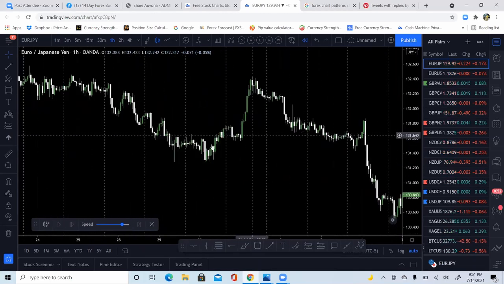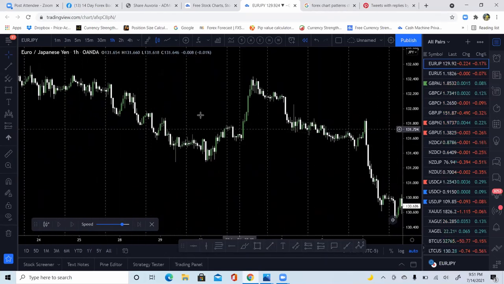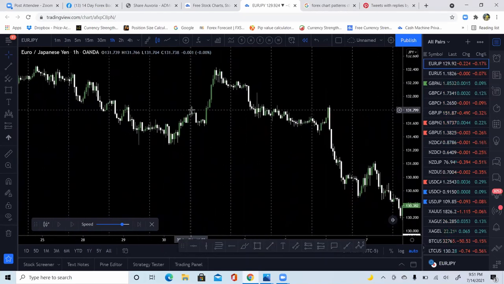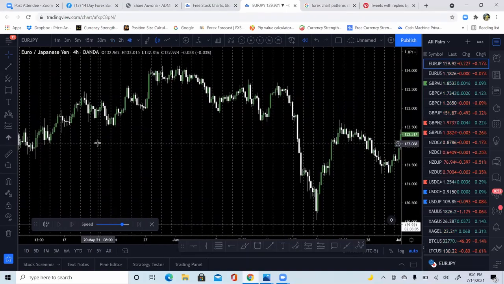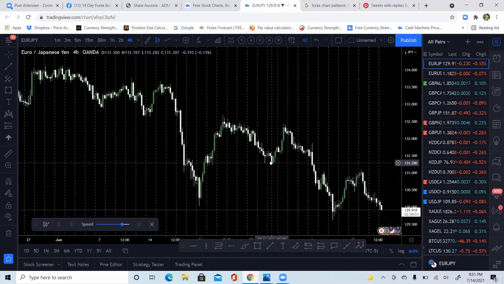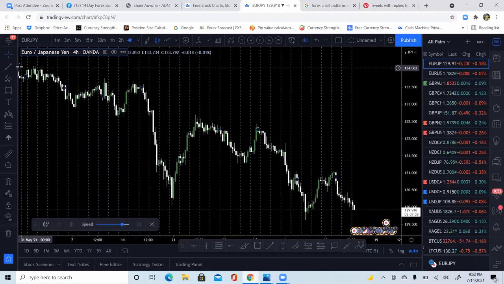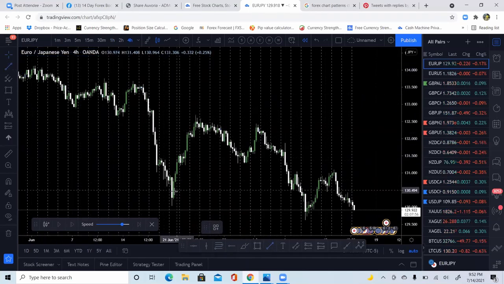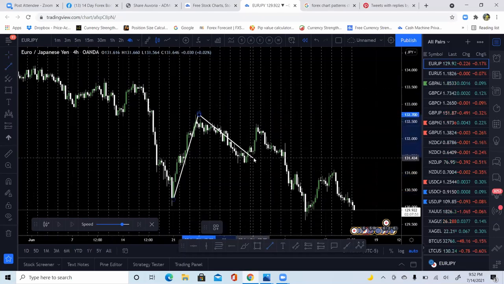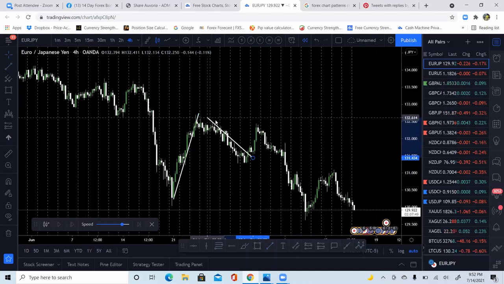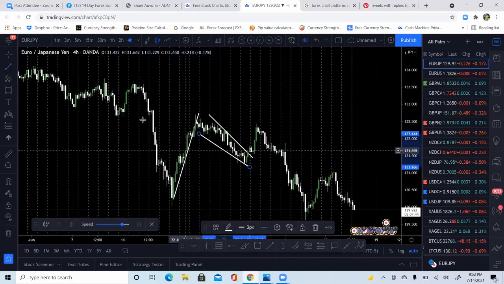So for example, here, where's my trade at? This is on the 4 hour. It didn't go all the way, but I noticed this was kind of like a wedge pattern here.